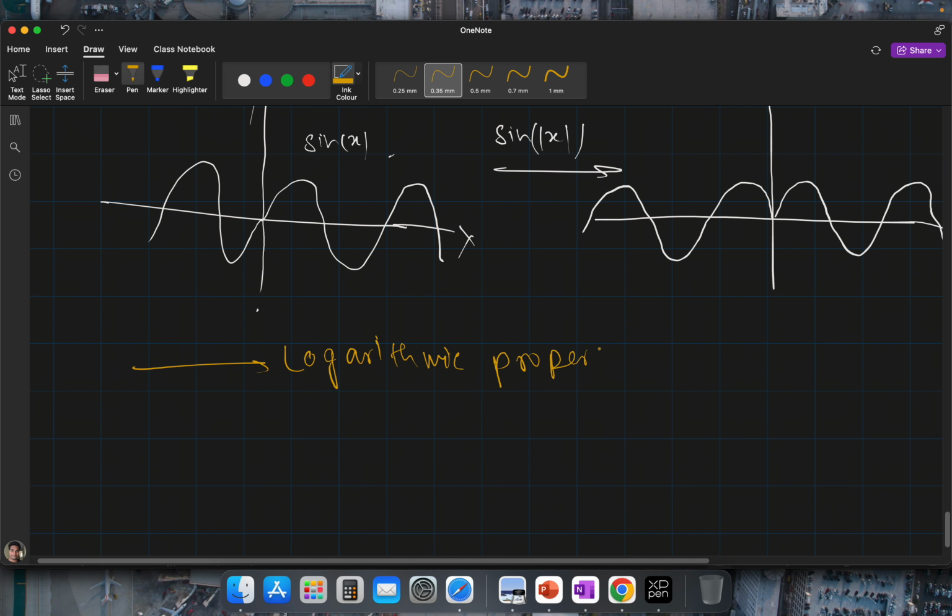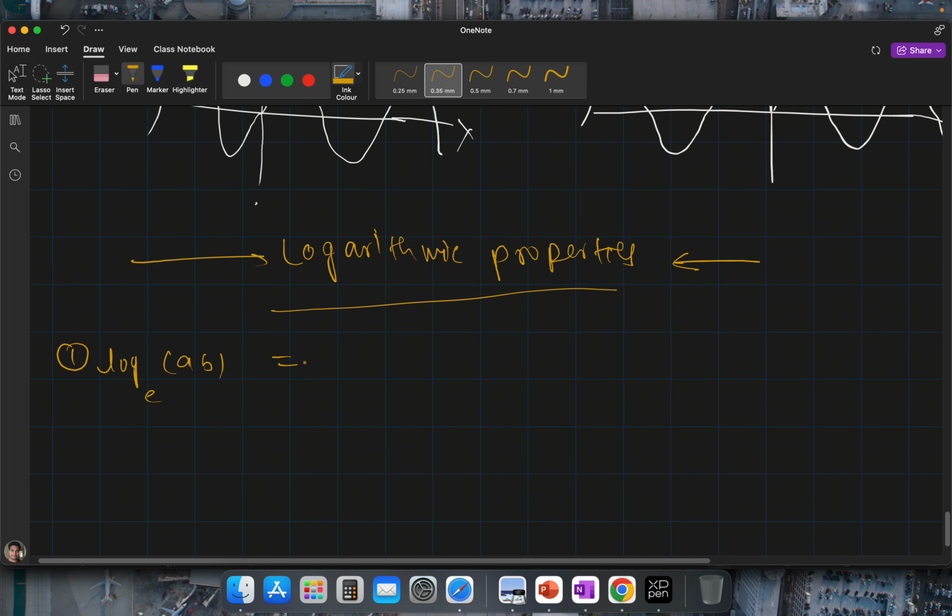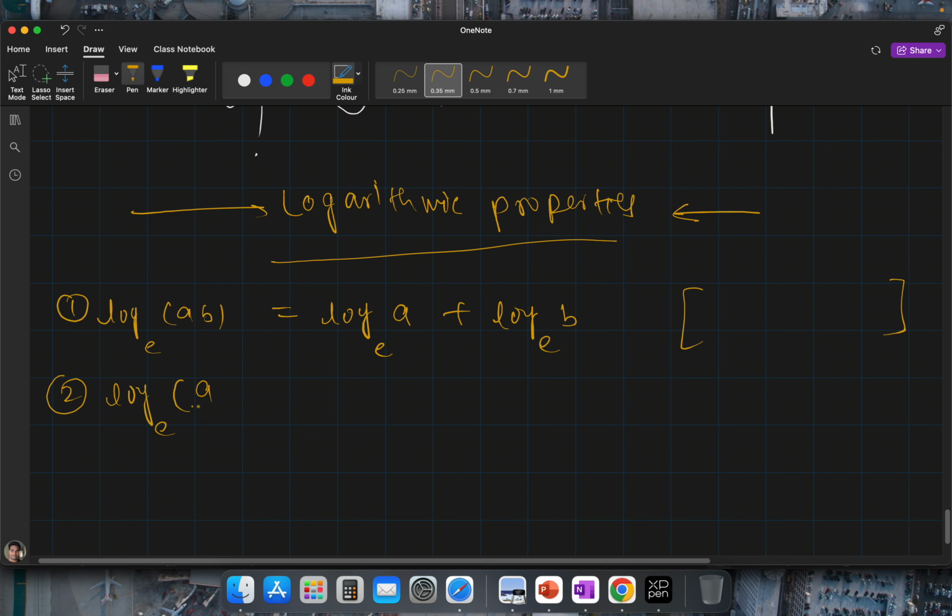Okay, so the first property is, it is saying log to the base e of a times b will be log to the base e of a plus log to the base e of b. What is the condition to use this? Kalpana, tell me when I can use this.